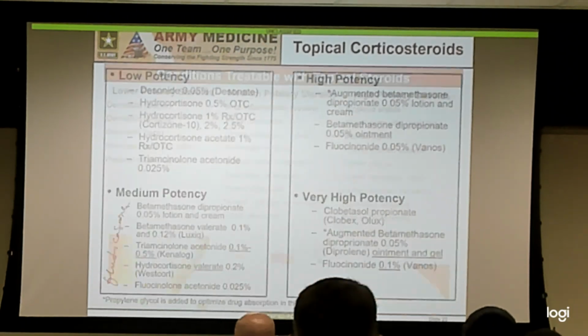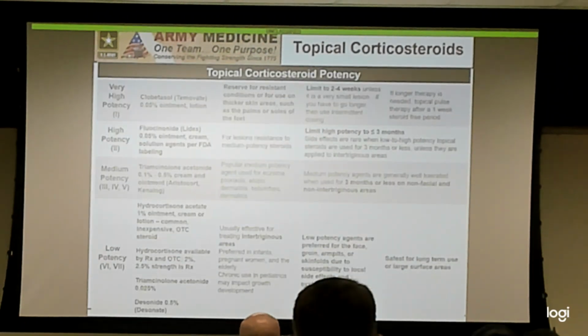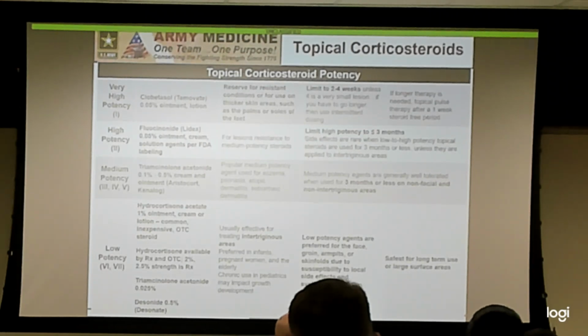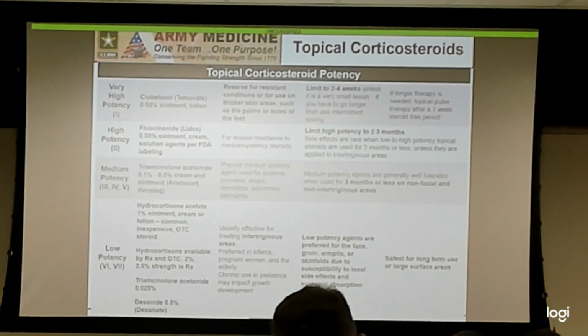So that's why I was telling you don't worry about it earlier, because we're seeing it here, okay? If we have our thicker skin areas, like our palms, our feet, that is where we're trying to get that medication in there. So very high in those situations makes sense, okay?